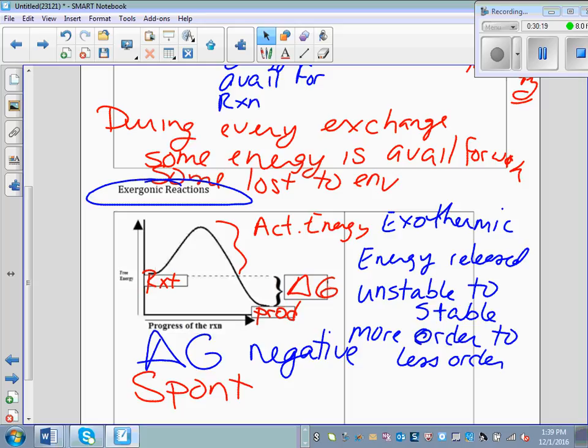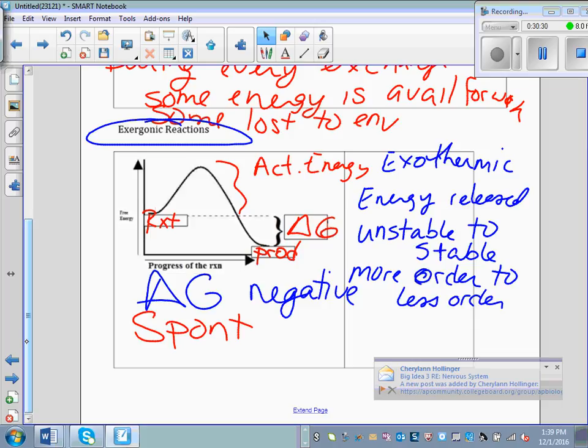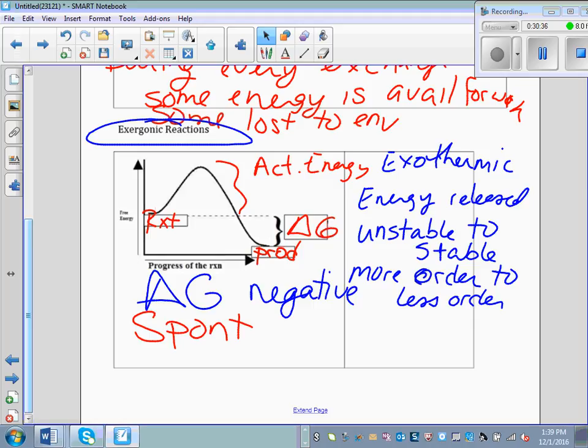So, what are some reactions in the human body that would be this process, where there's a release in energy? Cellular respiration. Cellular respiration is a prime example of an exergonic reaction. When else?